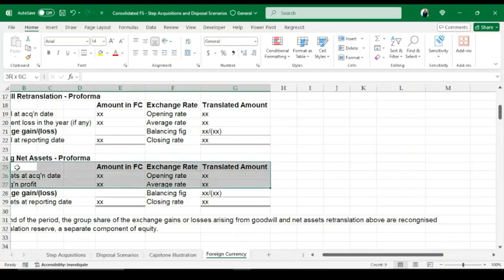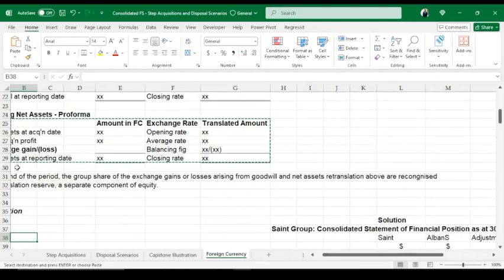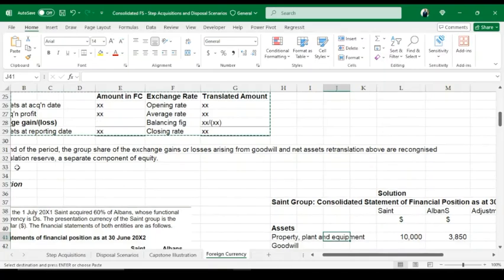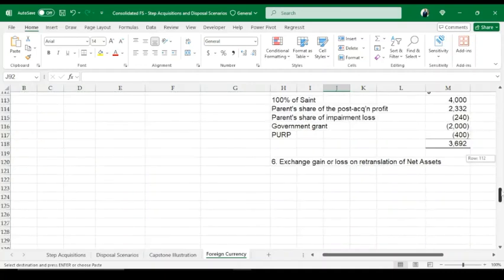So I'll come here and copy this. Then I can come to my workings and paste it right there.